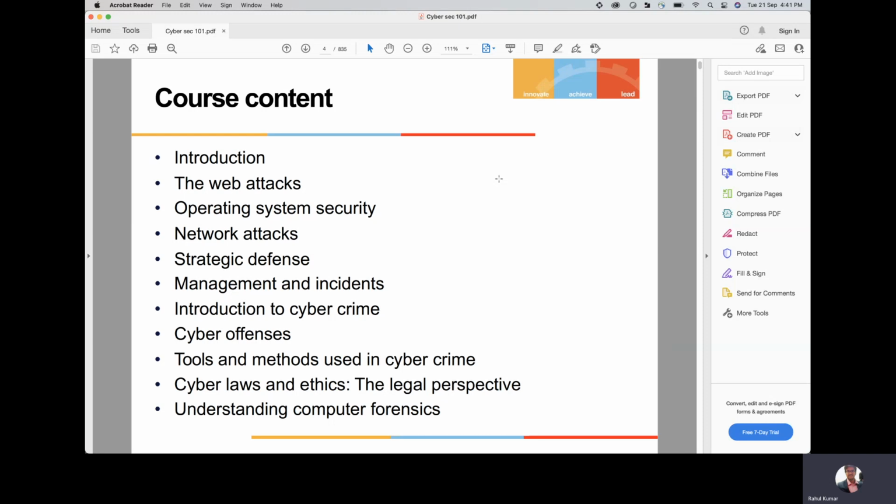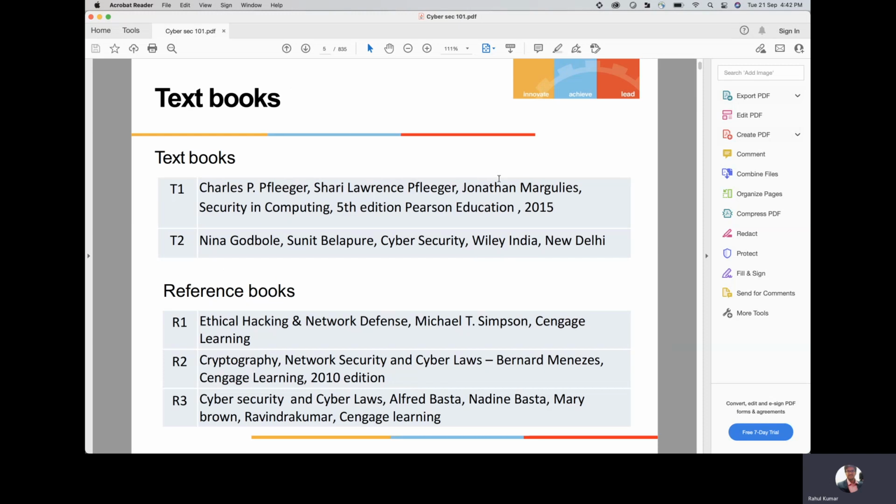Apart from those, we will also be covering business continuity management, security of the cloud, and securing applications and app dev security. Okay. So let's move on to our first lecture.